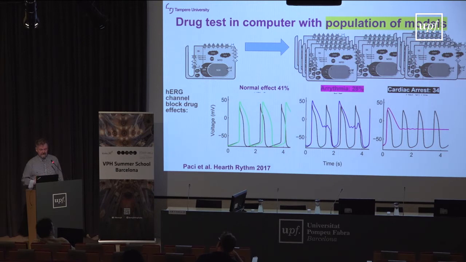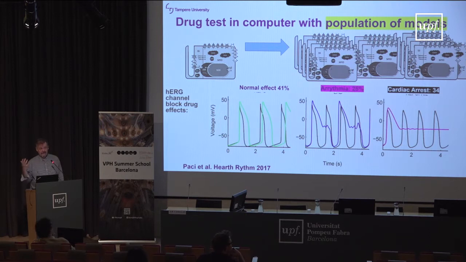So this is a one channel blocker, and here it behaves on these cardiomyocytes as usually. Then some of the cardiomyocytes actually produce arrhythmia, and there's even cardiac arrest. Of course, this is happening in computers, so no patient has been harmed or no cells have been harmed.